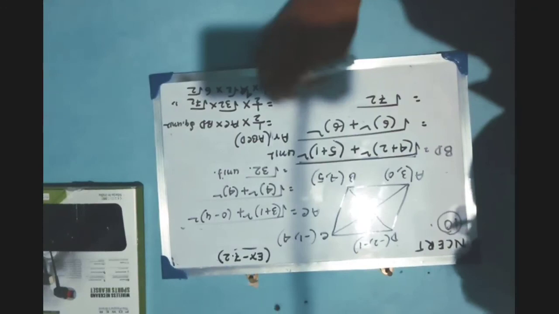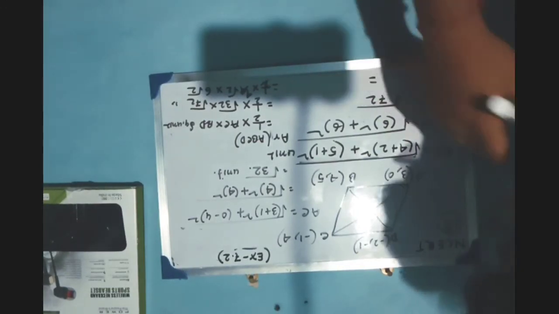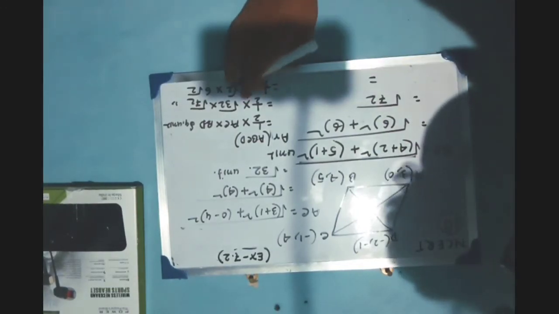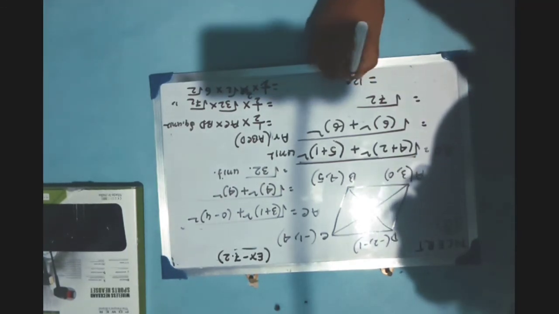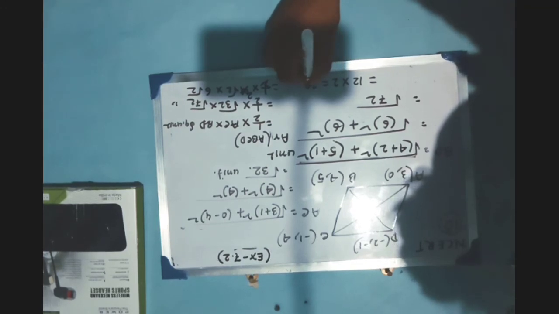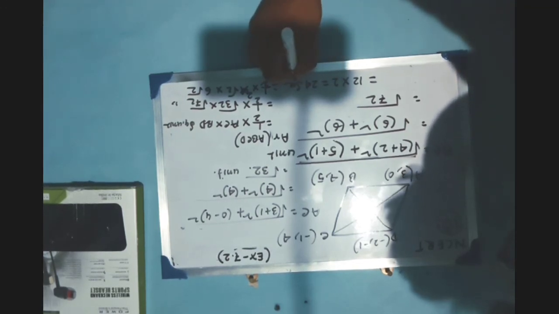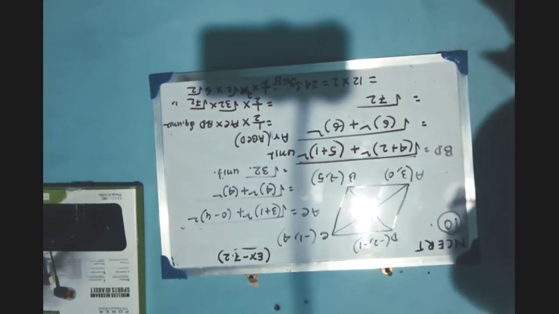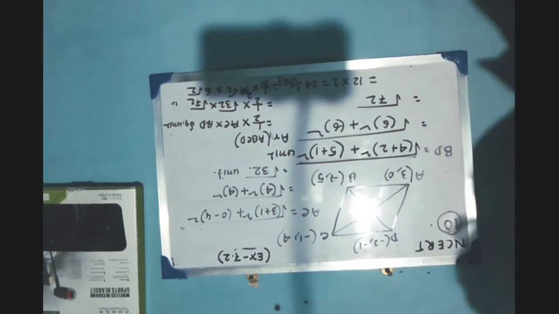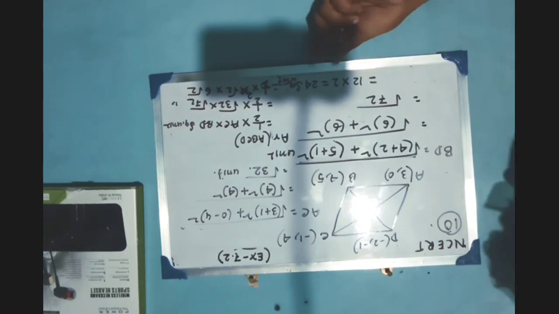That will be 12 into 2, which means 24 square units. Okay, so that is the answer.